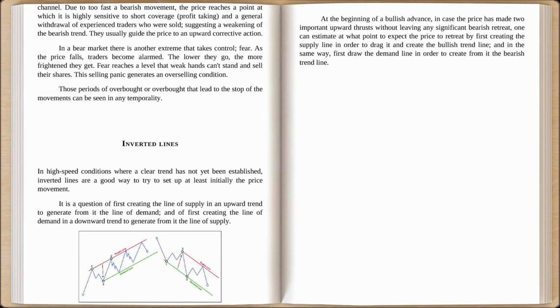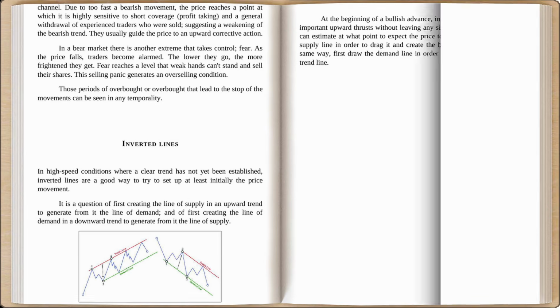At the beginning of a bullish advance, in case the price has made two important upward thrusts without leaving any significant bearish retreat, one can estimate at what point to expect the price to retreat by first creating the supply line in order to drag it and create the bullish trend line. And in the same way, first draw the demand line in order to create from it the bearish trend line.